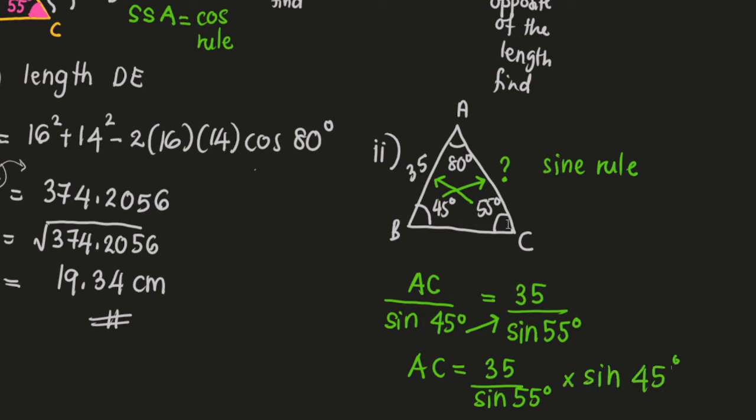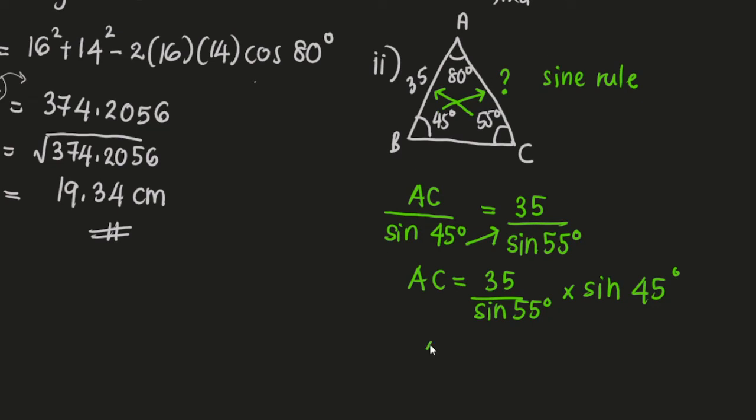When you cross multiply, you can already get the length of AC. Okay, we get 30.213 cm.